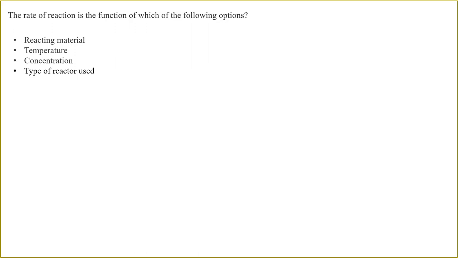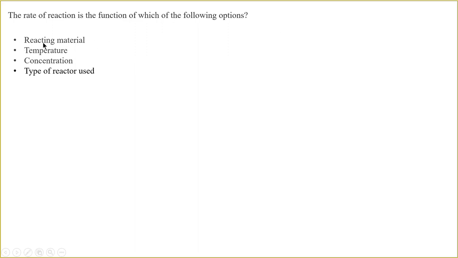Sir must have already introduced chemical kinetics and the kinetics of the reaction. From the rate of a reaction, you can tell how fast or how slow a reaction is proceeding. So the rate of reaction is a function of which of the following options?